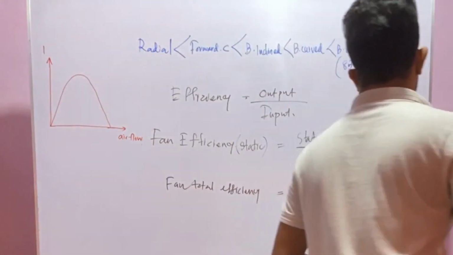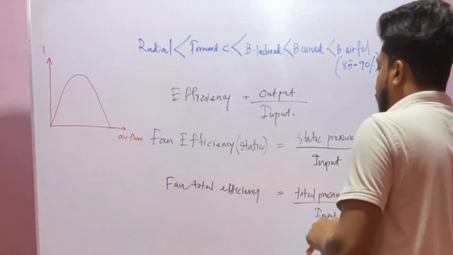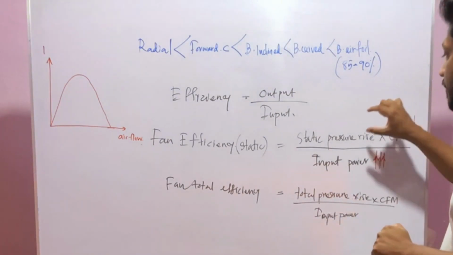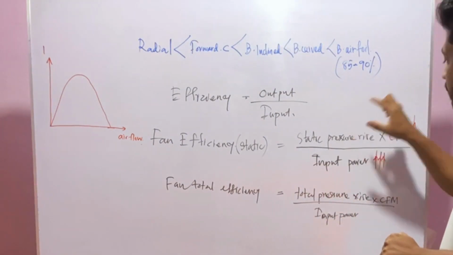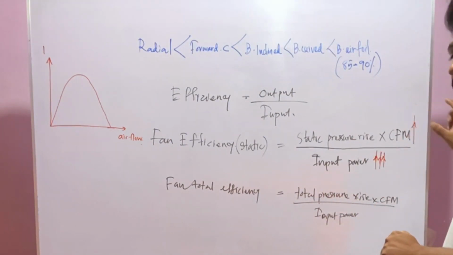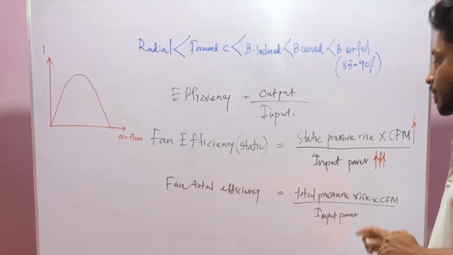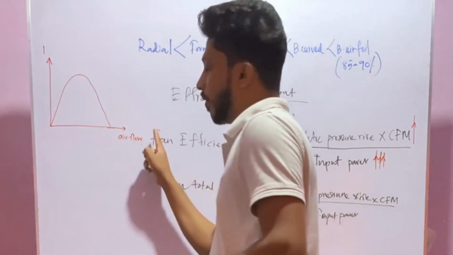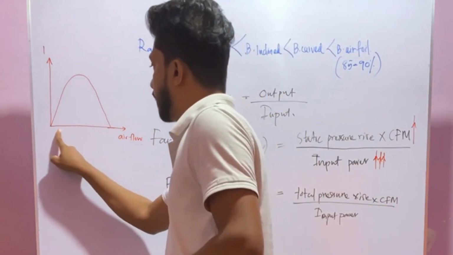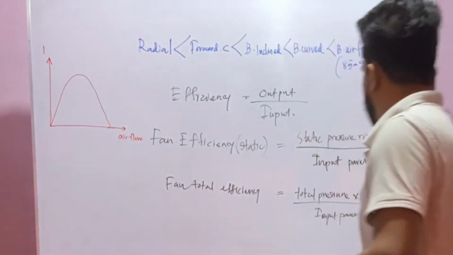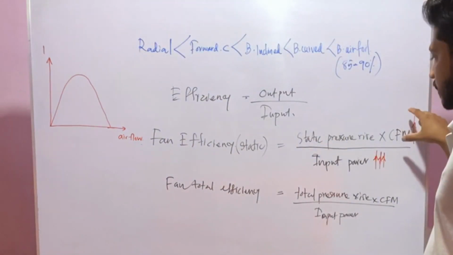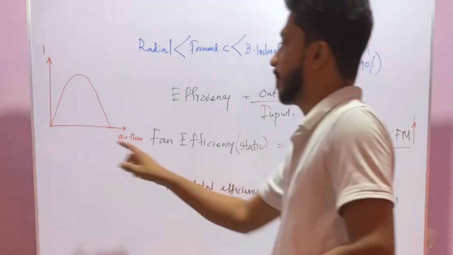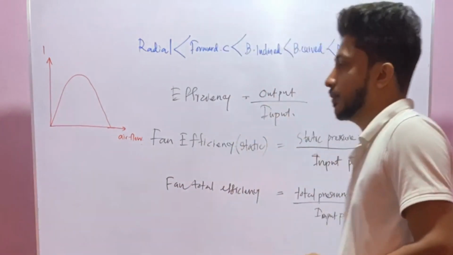Okay. So if we consider the static efficiency, what are the factors or the variables that calculate the static efficiency? Static pressure, CFM, that is flow rate, and input power. So at the beginning, flow rate is 0. This is airflow, that means flow rate is 0 here. That means static efficiency is 0. Okay.